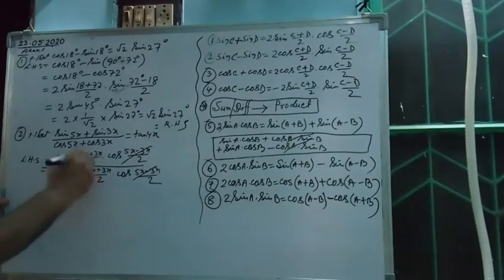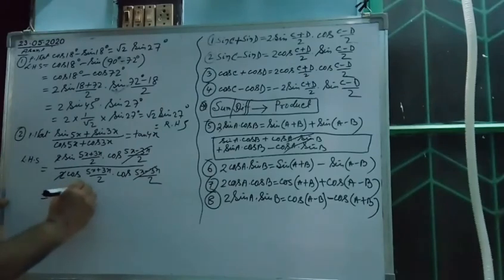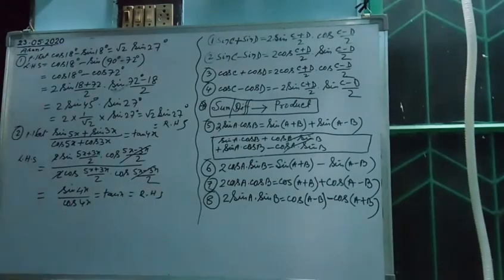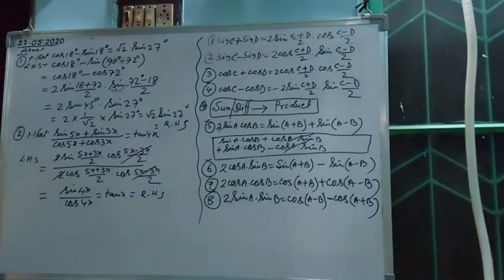So sin (5x plus 3x)/2 is sin 8x by 2, that is sin 4x, over cos 4x, which is equal to tan 4x. RHS. Proved. Now see, next question.